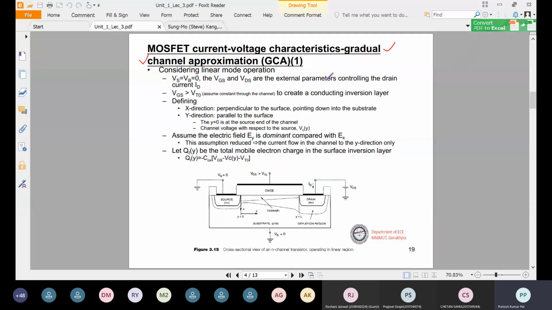In saturation, there was a pinch-off point, a voltage at which the channel, after being tapered, starts degrading into the drain region.